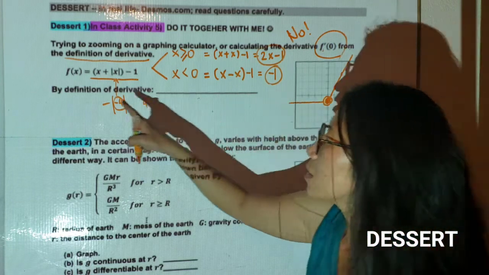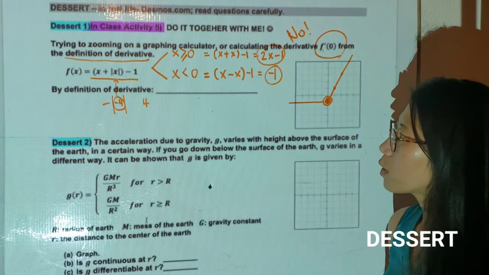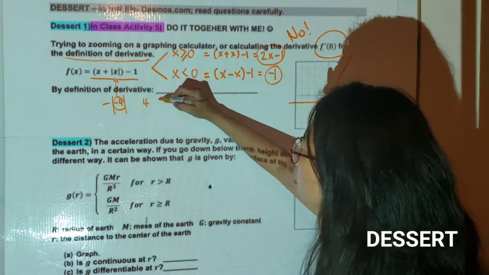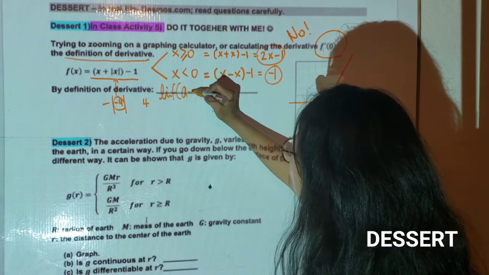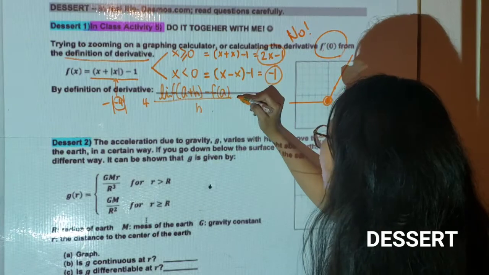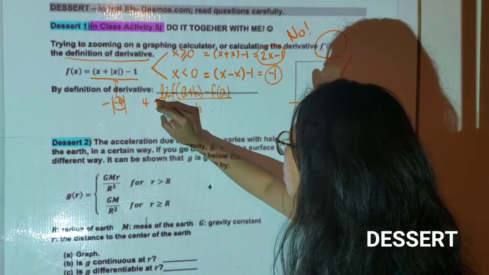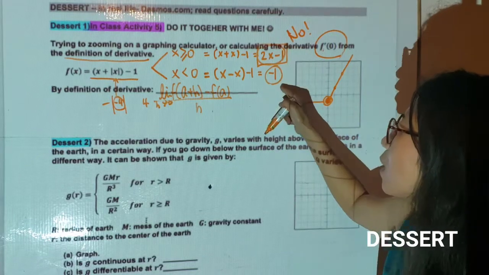Then they say use the definition of a derivative. Oh, what do I have to do? I have to do that limit of f of a plus h minus f of a over h. Okay, so I will do the top part, you do the bottom one, okay?